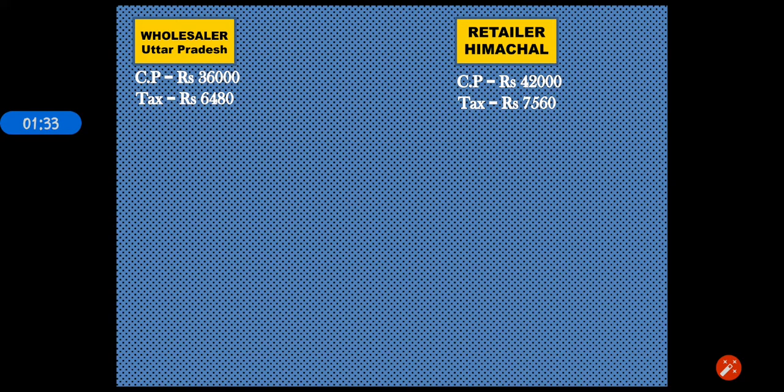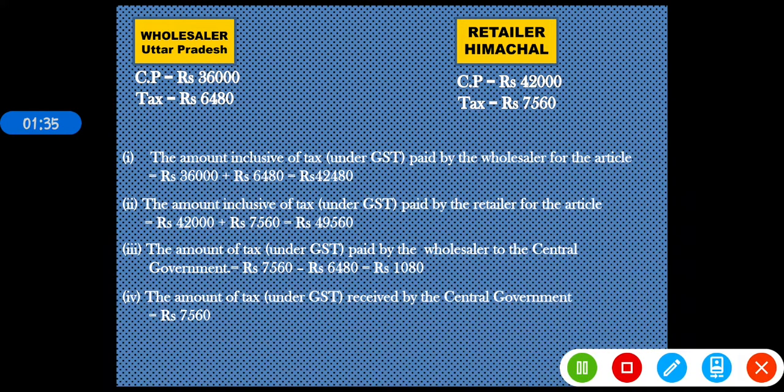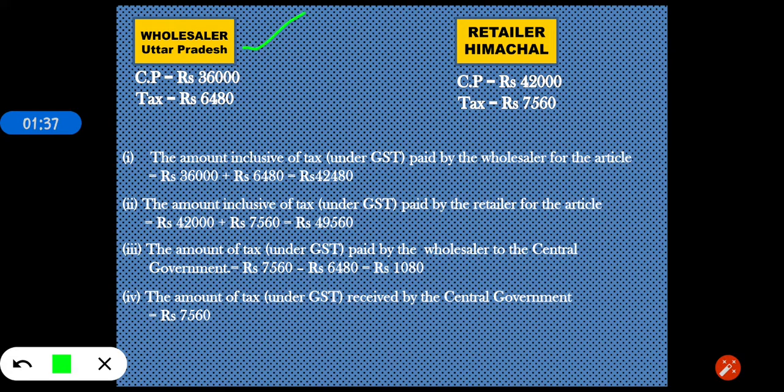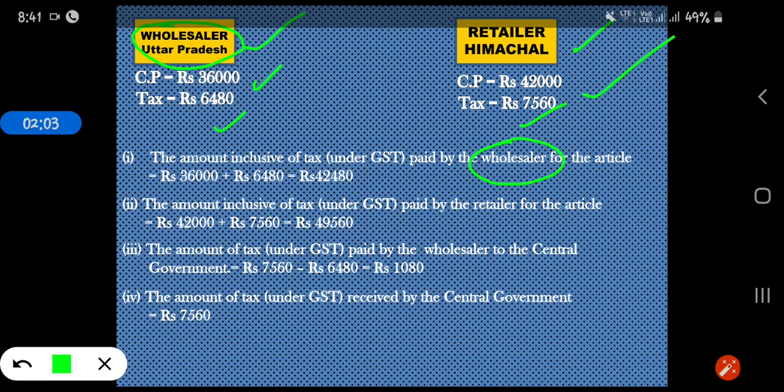For the wholesaler, the cost price of an article is 36,000 and the amount of tax is 6,480, and for the retailer, the cost price is equal to 42,000 and the amount of tax is 7,560 rupees.